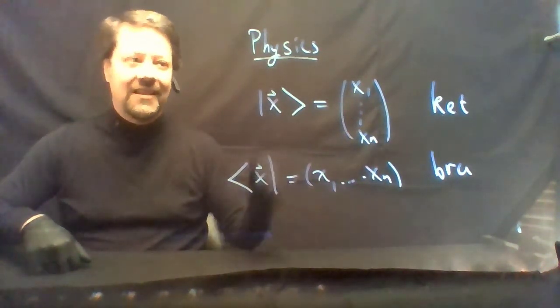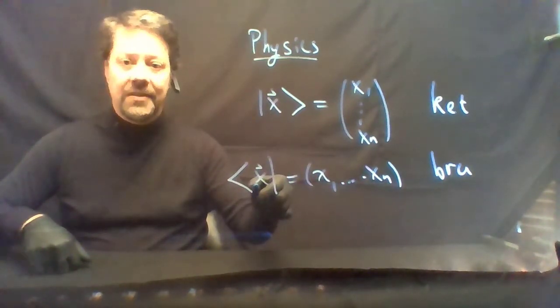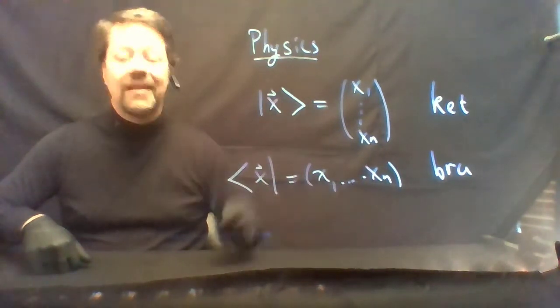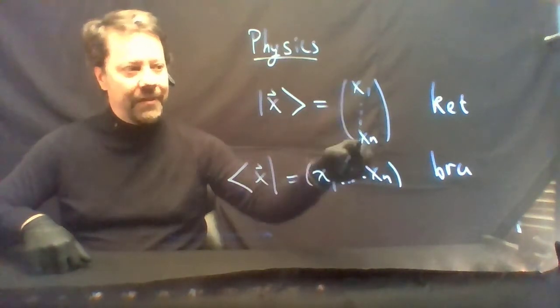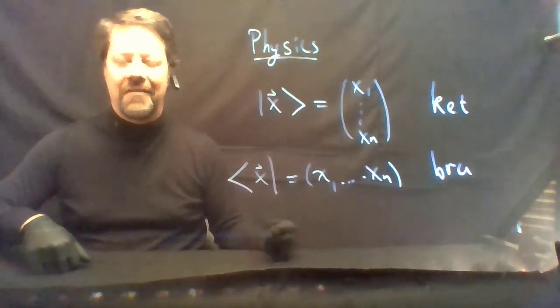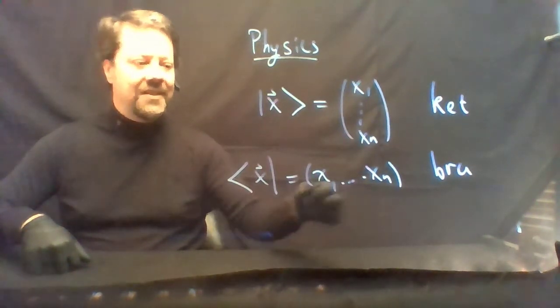Now technically, in physics, in quantum physics in particular, these bras are normally not just transposes, but conjugate transposes as well. Not only do they convert the column into a row, they also take the complex conjugate of all of the entries. But if all of the entries are real, you get the same thing.